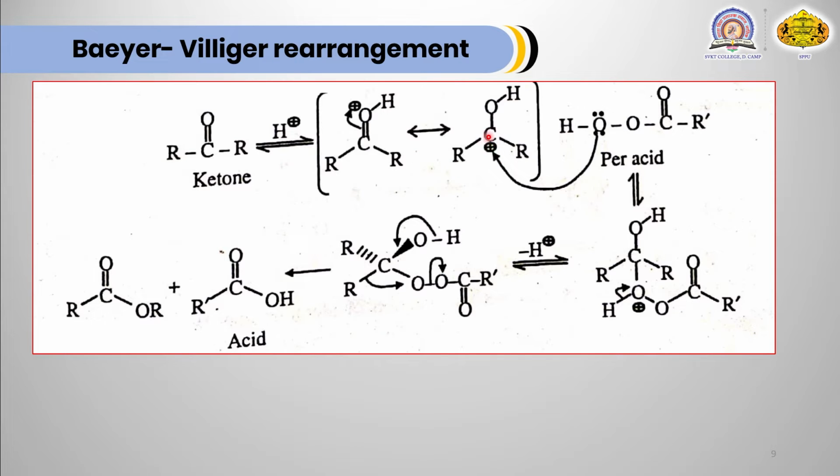In this case, there is an electrophilic carbon atom. The peracid has the molecular formula RCO3H. This oxygen has an electron pair. This electron pair can be utilized for the initiation of the reaction, and after addition of these two, we get this intermediate. Finally, in Baeyer-Villiger oxidation, we get one molecule of ester and another molecule of acid.